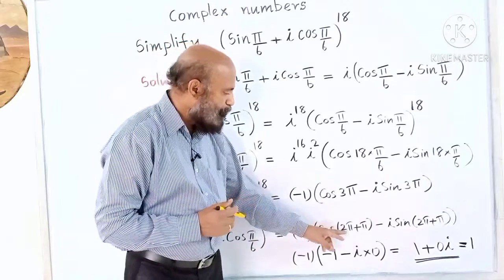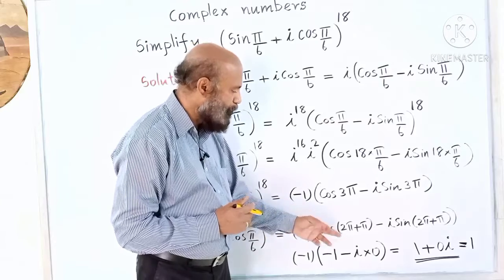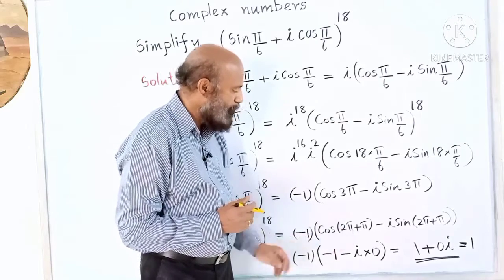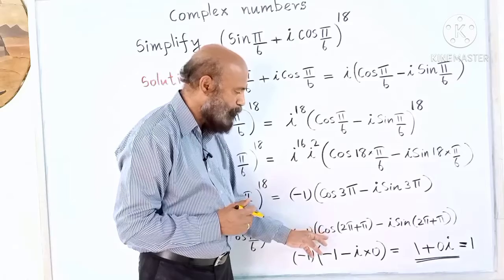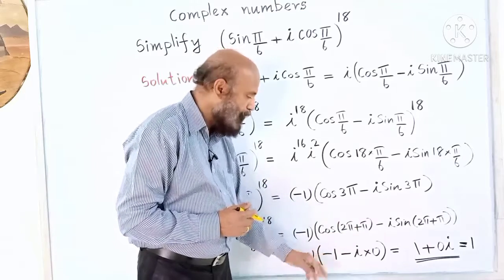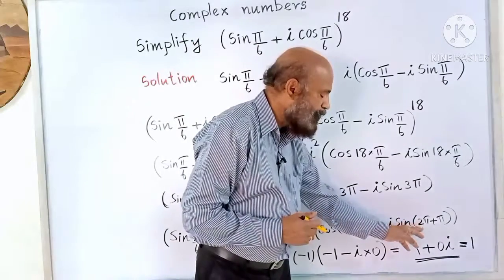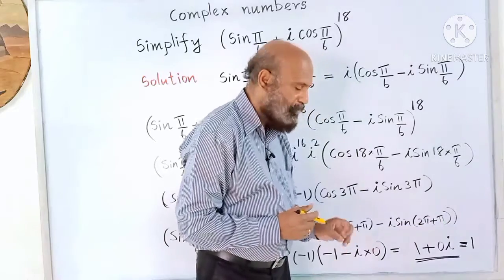Cos of 2 pi plus pi is the same as cos pi, since adding 2 pi will not affect the value of the cos function. So cos pi is minus 1. Similarly sin of 2 pi plus pi is the same as sin pi.